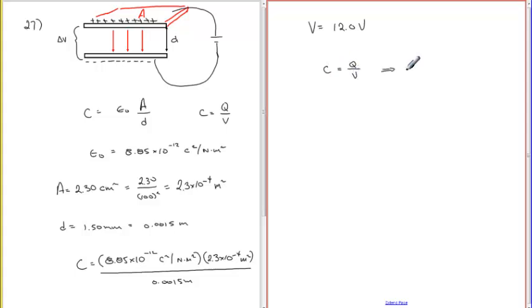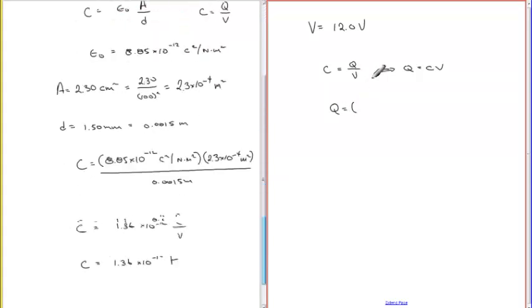So if we solve for charge, Q, that's equal to the capacitance times the voltage. So that should be easy enough. So the capacitance was 1.36 times 10 to the minus 12 farads multiplied by 12 volts.